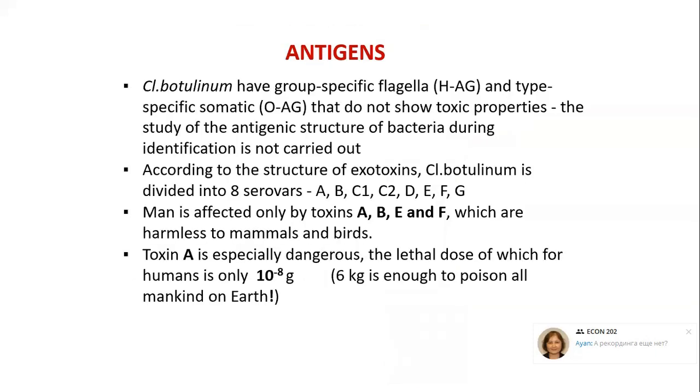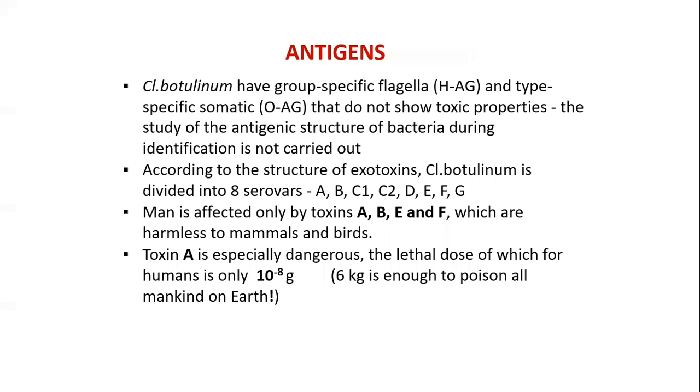Antigens. Clostridium botulinum have group-specific flagellar H antigens and type-specific somatic O antigens that do not show toxic properties. The study of the antigenic structure of bacteria during identification is not carried out. According to the structure of exotoxins, Clostridium botulinum is divided into 8 serovars.